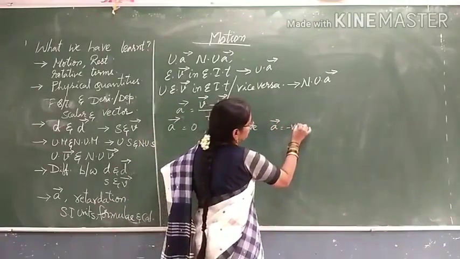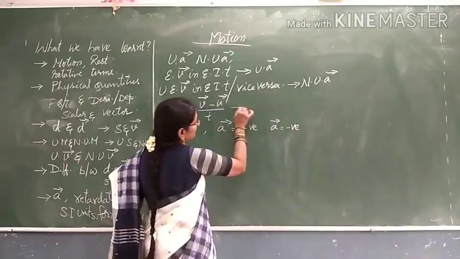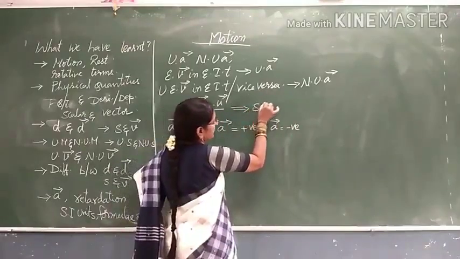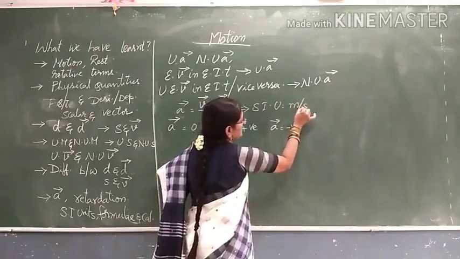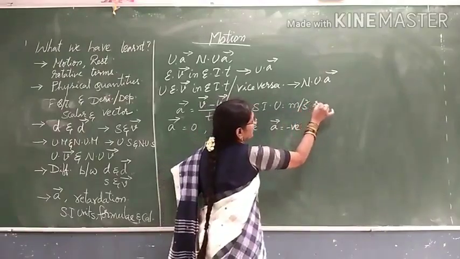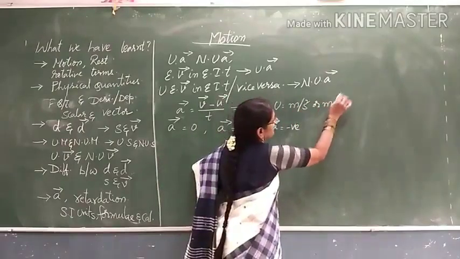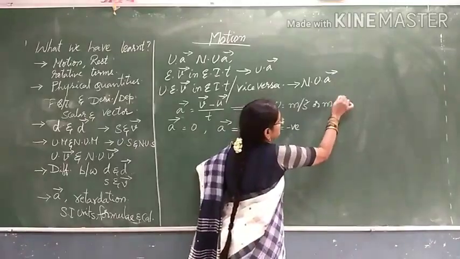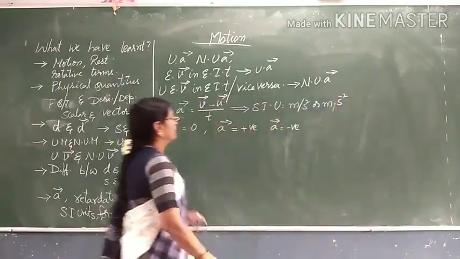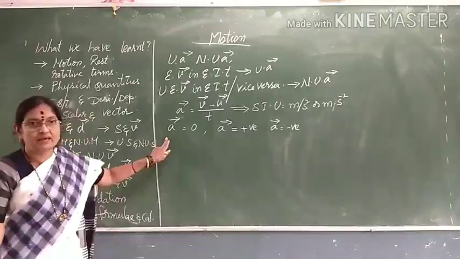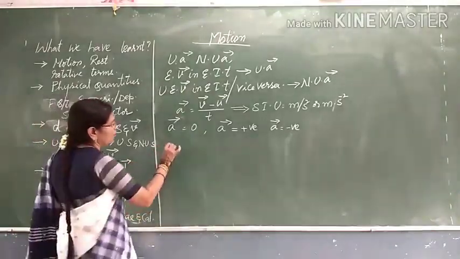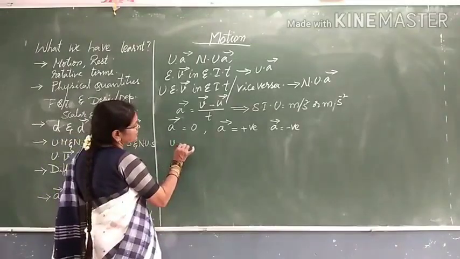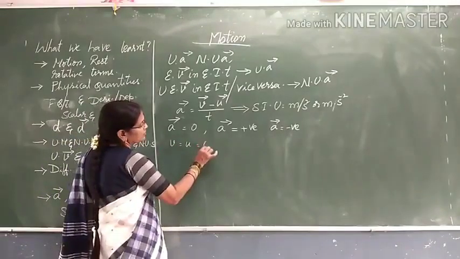Now, what is the SI unit? Meter per second squared.